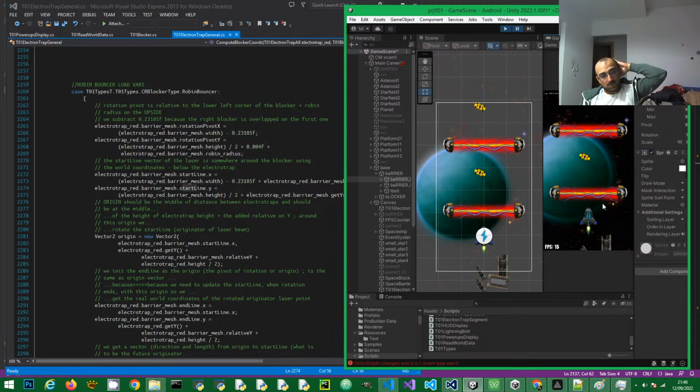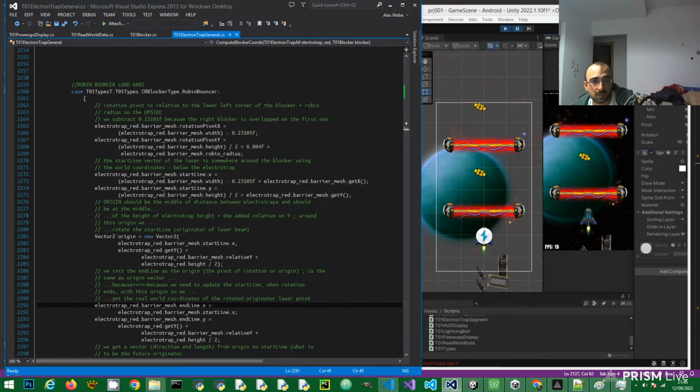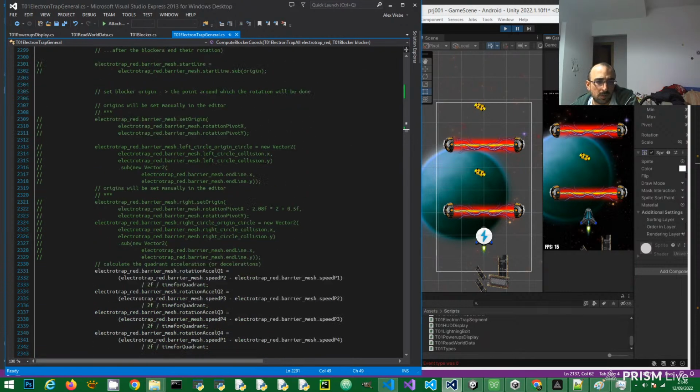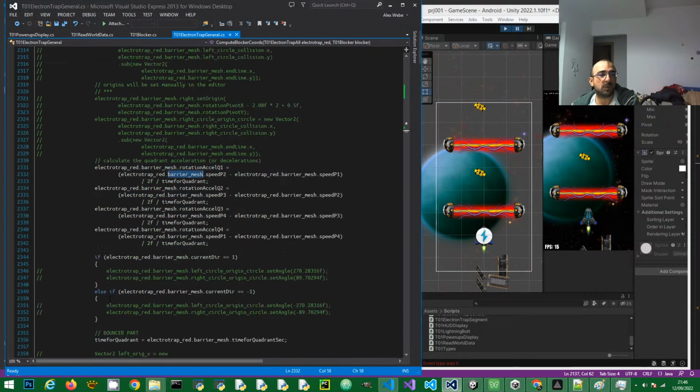So rotation pivot, we have two of them. Rotation pivot and origin. Start line and end line, this we will use, of course. Rotation axle Q1, okay, this we need.